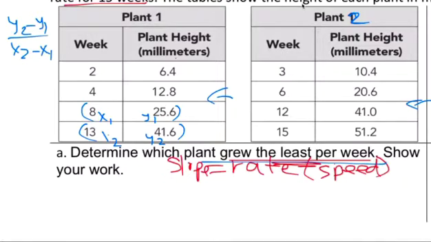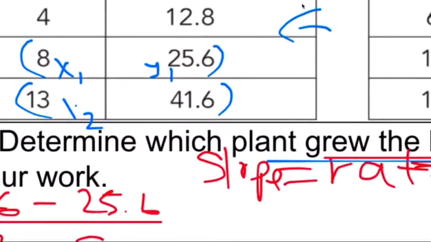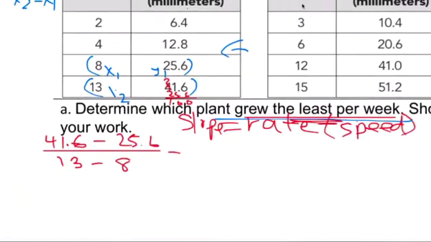I would get 41.6 minus 25.6 over 13 minus 8. 41.6 minus 25.6 is 16, over 13 minus 8 is 5. So my slope is 16 over 5.